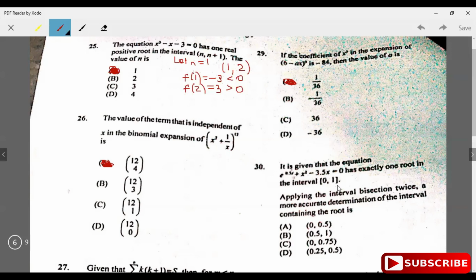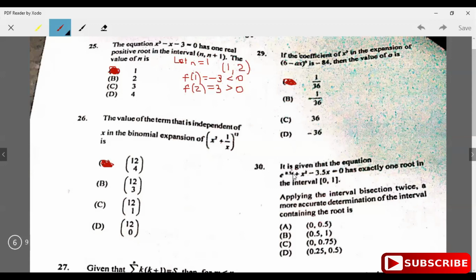So we're going to apply the bisection method. First we need to find f of 0 and f of 1. So f of 0 is e to the 0.5 times 1.